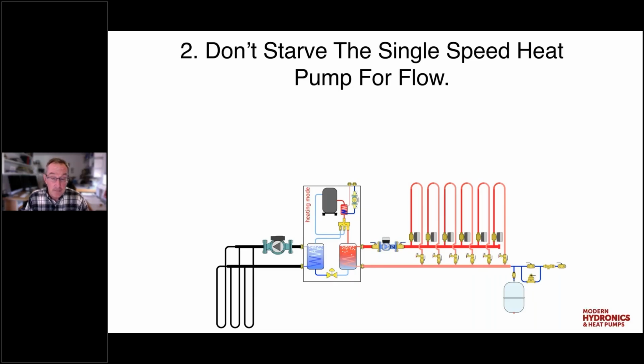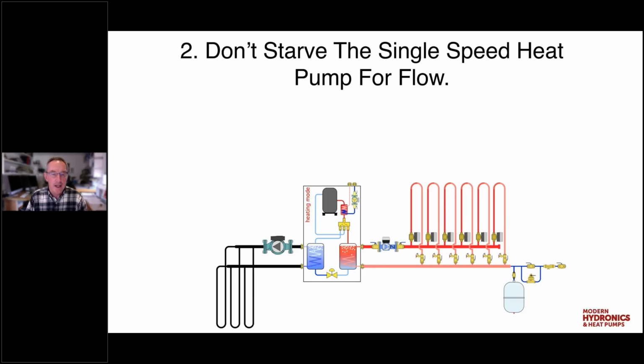The circulator might or might not be a fixed speed circulator. If it's one of the newer circulators with the variable speed motors, its speed could adjust to the fact that there's only one zone open. And at that point, we've got a very minimal flow rate going back through the heat pump. The heat pump is unable to transfer the heat that it is producing to that low flow rate stream going through there.